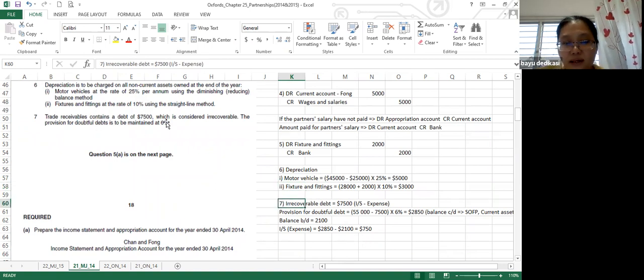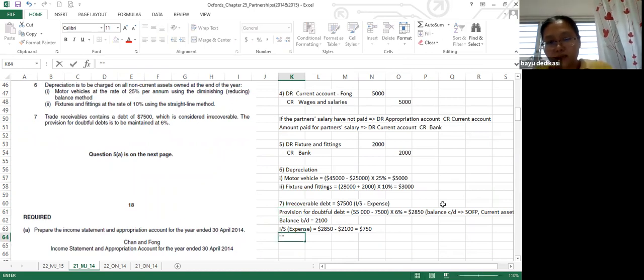Next, before you calculate the provision for doubtful debt, I need to highlight something about the provision for doubtful debt.